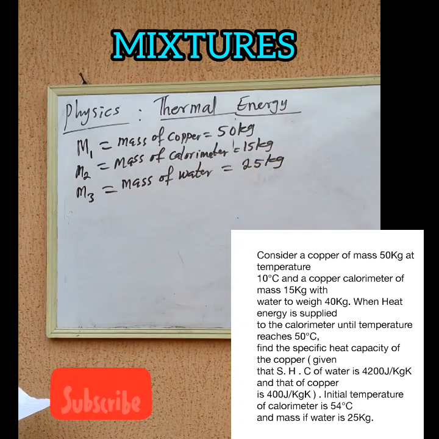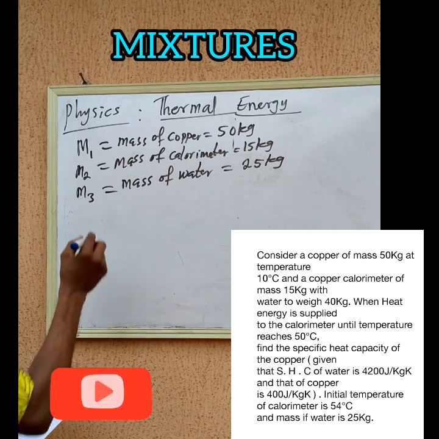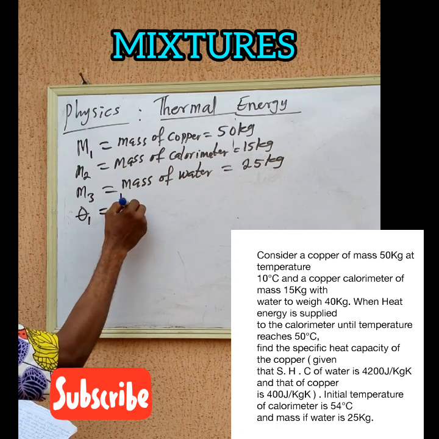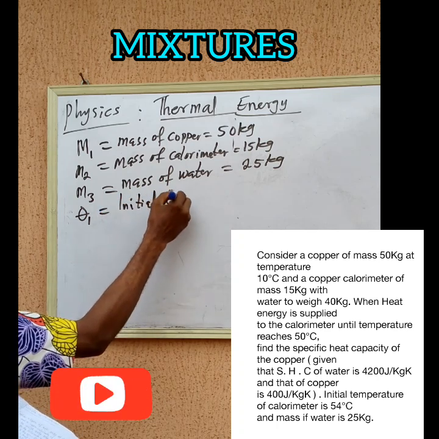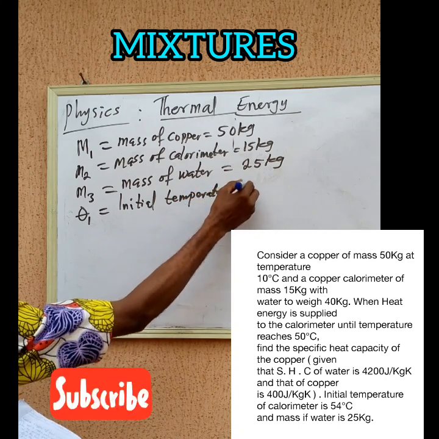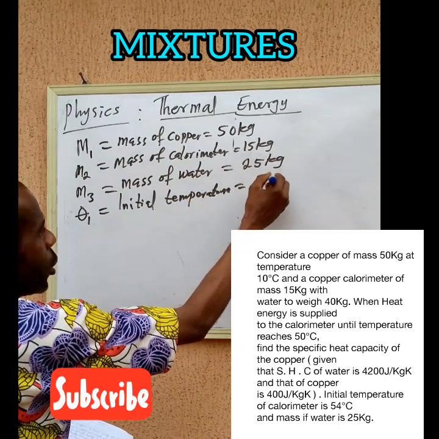Then temperature is given. Look at the copper. The initial temperature is 10 degrees Celsius. So we can call it theta 1, the initial temperature, equal to 10 degrees Celsius.